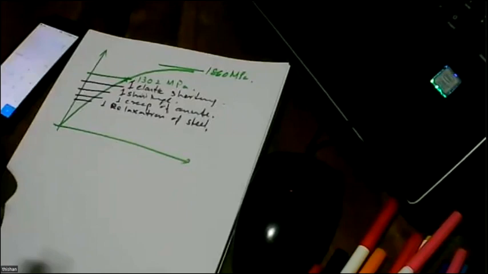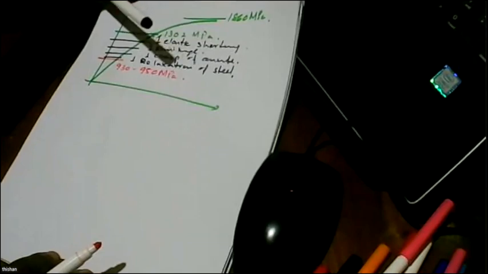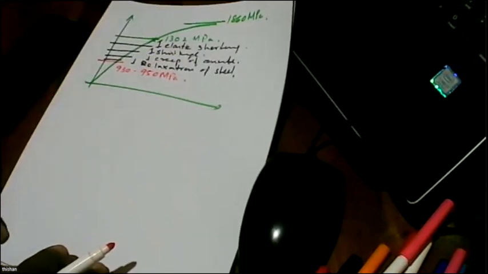So you can see, after all these losses, we are going to end up with something like 932, 950 megapascal as the stress in the steel. And then what happens?